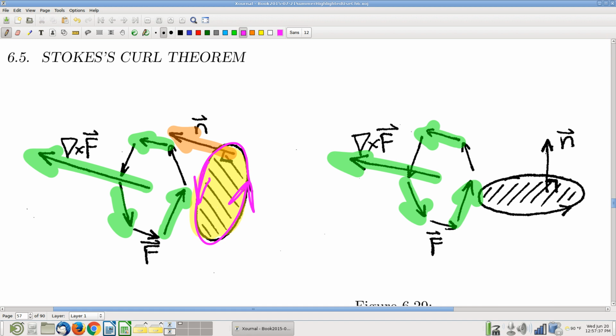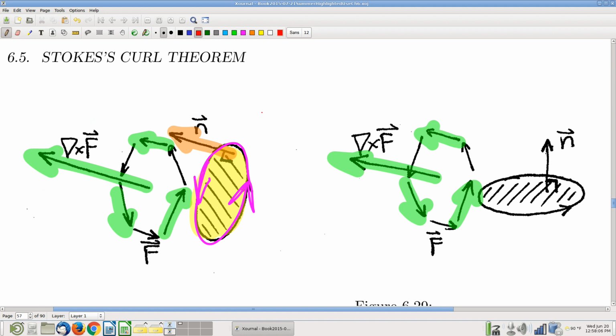So lots of lining up, if you will, of the flow of the fluid and the direction of the boundary curve. And that coincides perfectly with how the curl vector and the normal vector are pointing in the same direction. So when you look at curl F dot n, they're going in the same direction. That dot product is going to be large.